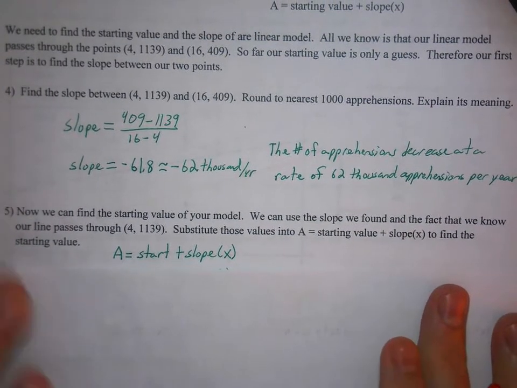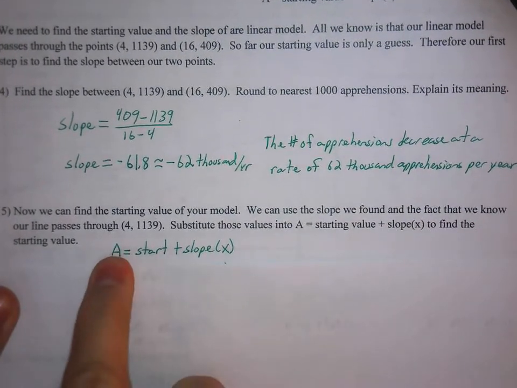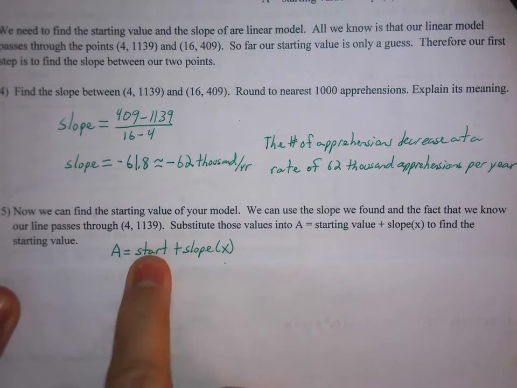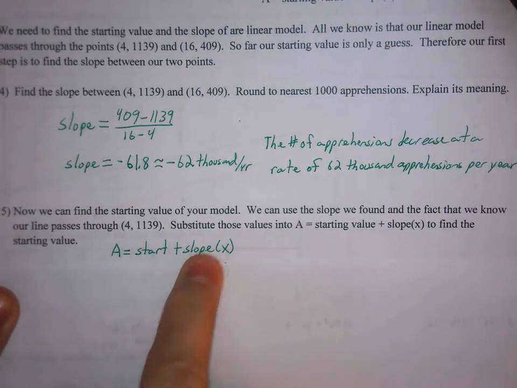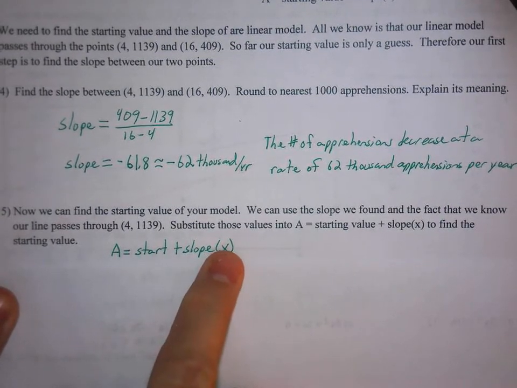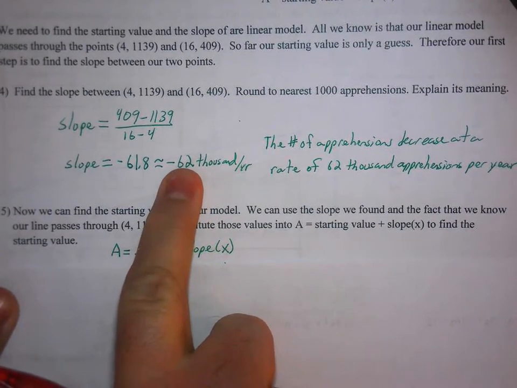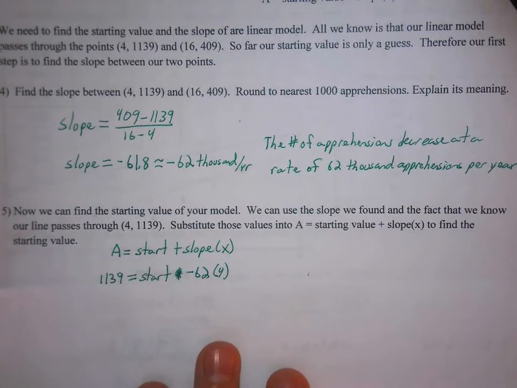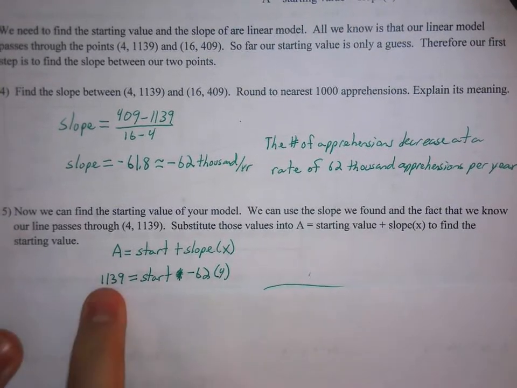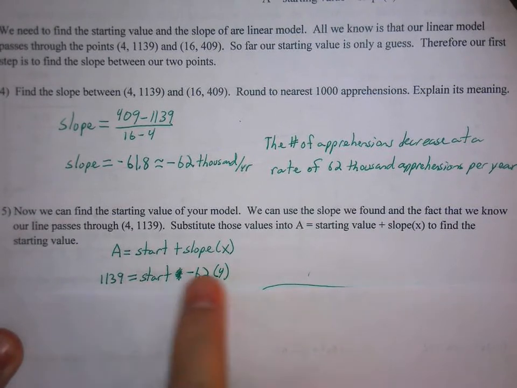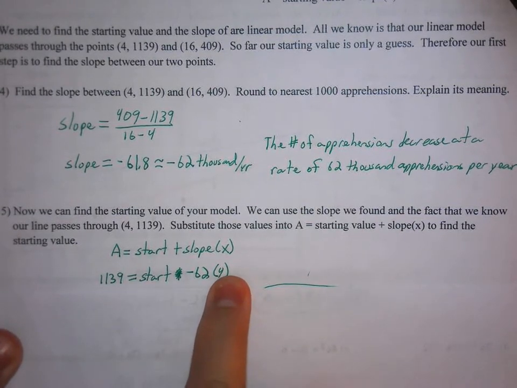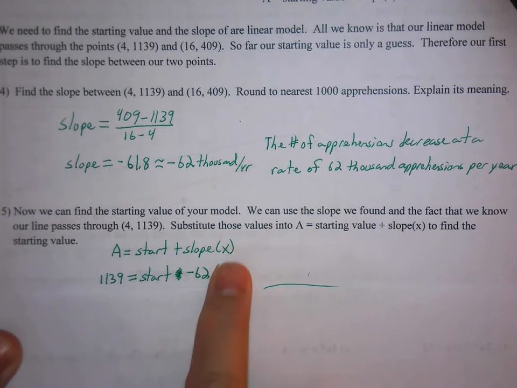So we know the number of apprehensions equals the starting value plus the slope times the input, the number of years since 2000. Well, we just found the slope up here to be about negative 62, so we'll use that. We know there were 1,139 apprehensions in 2004, so we're putting x equals 4 into our equation.